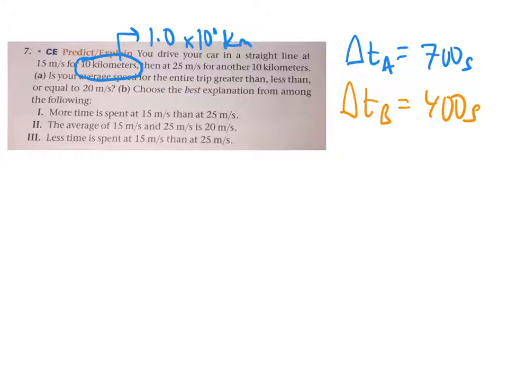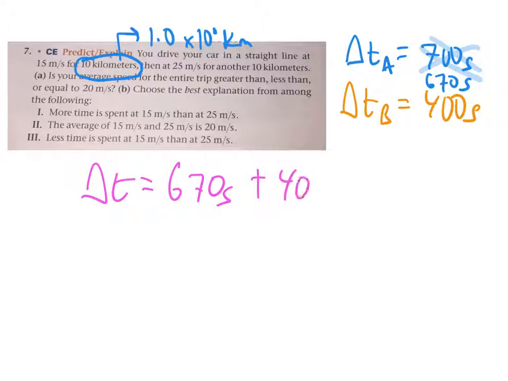In that case, we would get the following results instead of what we have here. When we round to 2 digits, instead of 700, we really should get 670 seconds. And now our delta t is going to be 670 seconds plus the 400 seconds, still with 2 digits.